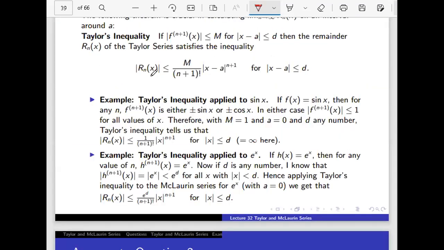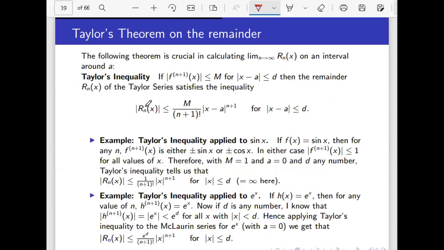The distance between the original, our original is exponential, and the Taylor polynomial. We don't know how many terms we have to consider. Let's say Tn, right?